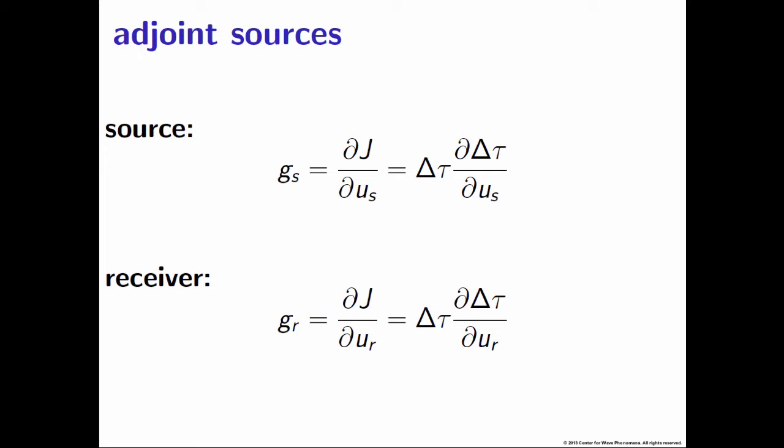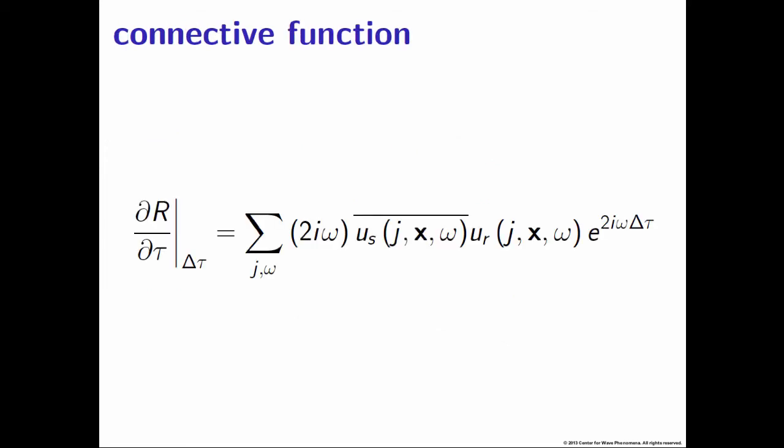So to get the derivative of delta tau with respect to US, we will use the same method developed in wave equation travel time inversion, which is the use of the connective function.